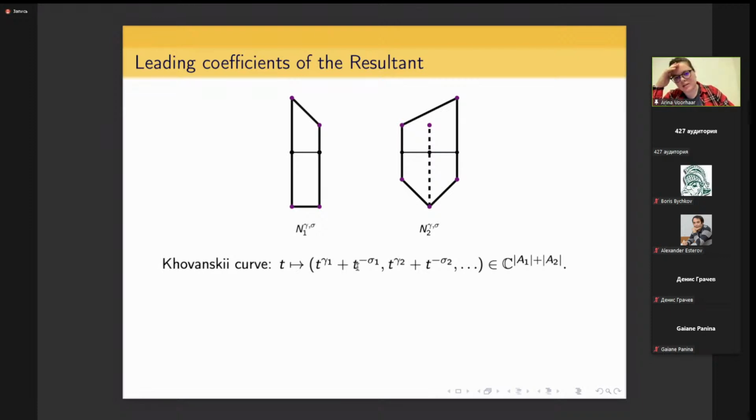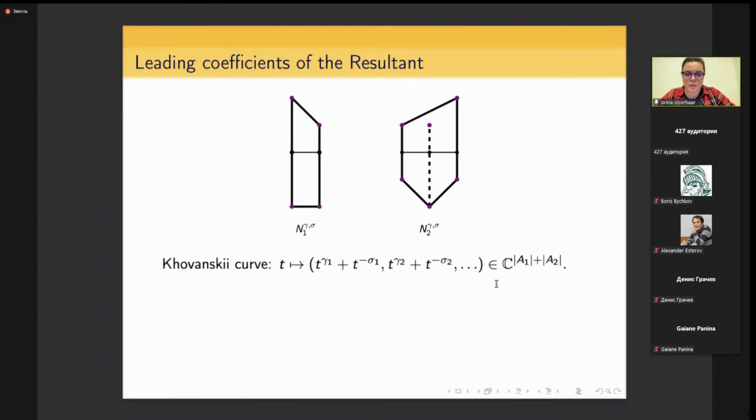Each of the components of this curve, where this parameter t is non-zero, will be t to the power of the coordinate of the covector we like, plus t to the power of minus the coordinate of the covector we don't like. Then we get some curve, which we call the Khovanskii curve.